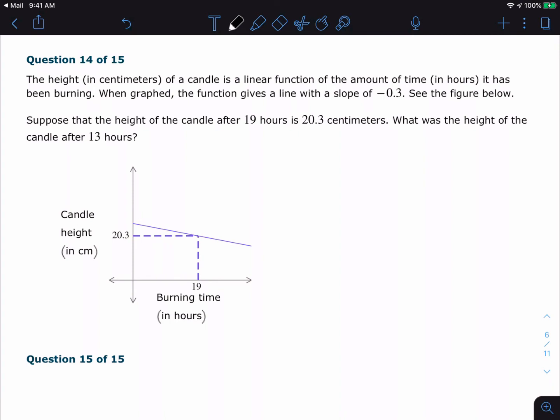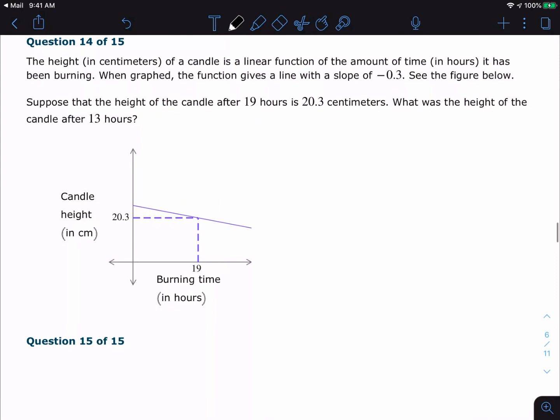What is the height of the candle after 13 hours? They're telling us this right here is the slope, and then this is actually coordinates, right? So what we're getting is 19 hours, comma 20.3 centimeters for the height, and we know that the slope is this. So we can come up with an equation.